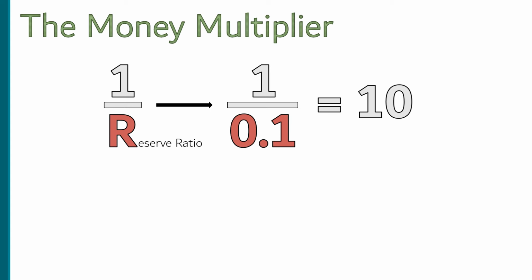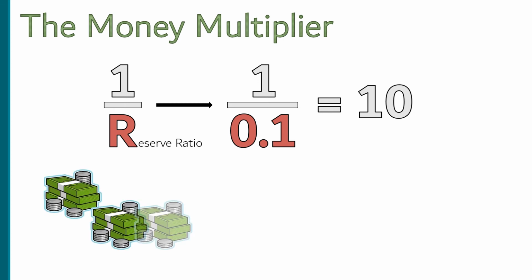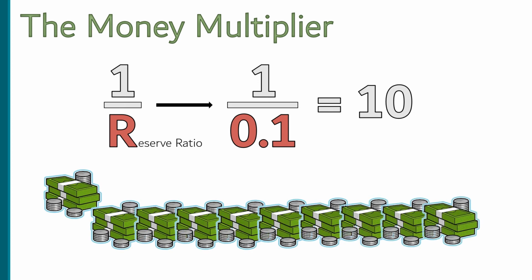For every new dollar deposited in a bank, the money supply will increase by $10. So your initial deposit of $10,000 will result in an additional $90,000 created through the process of lending, for a total of $100,000, or 10,000 times 10, our money multiplier.